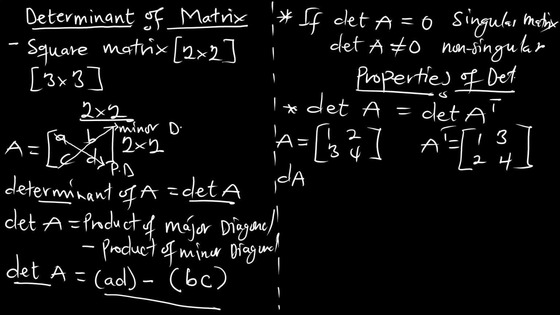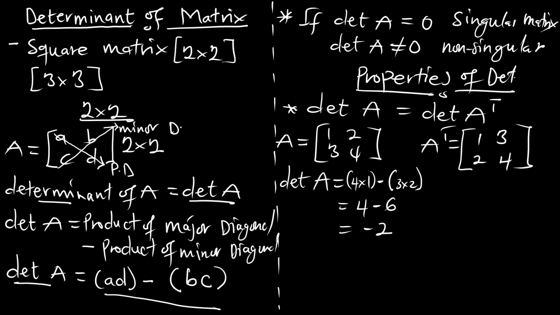The determinant of A is going to be the product of the major diagonal, which is 4 by 1, minus the minor diagonal, 3 by 2. This is 4 minus 6, and the answer is negative 2.